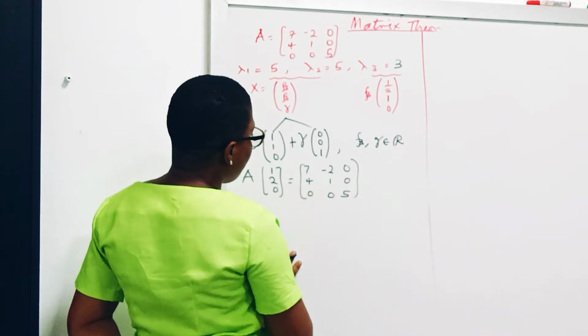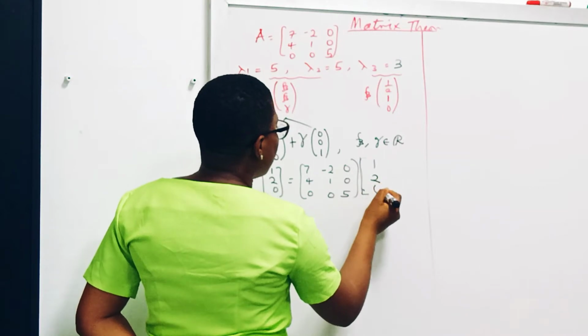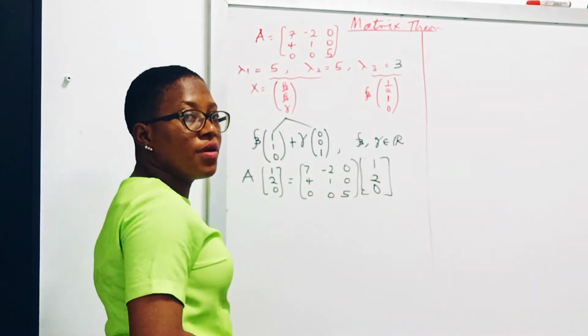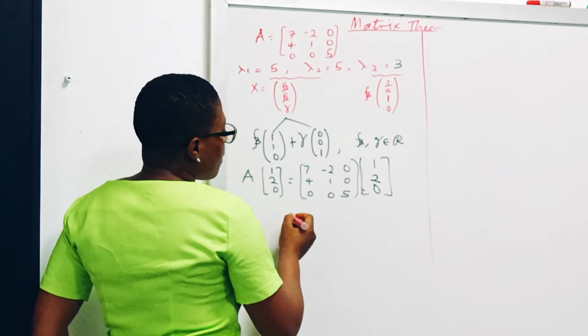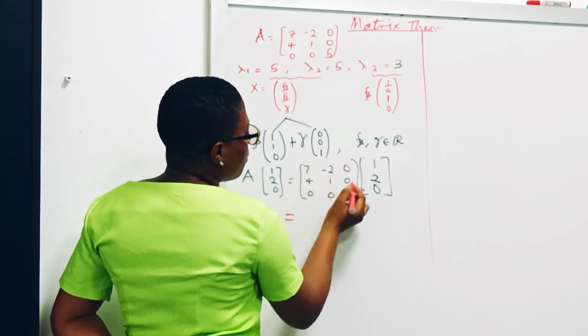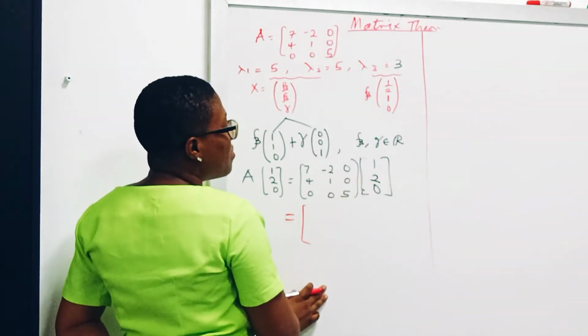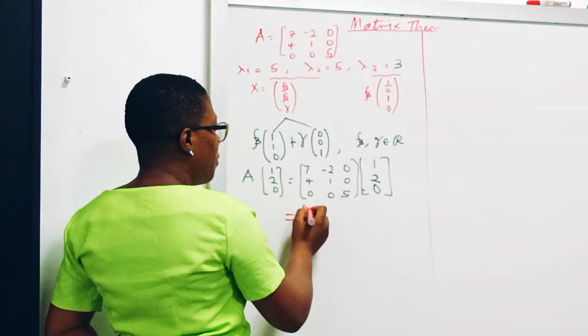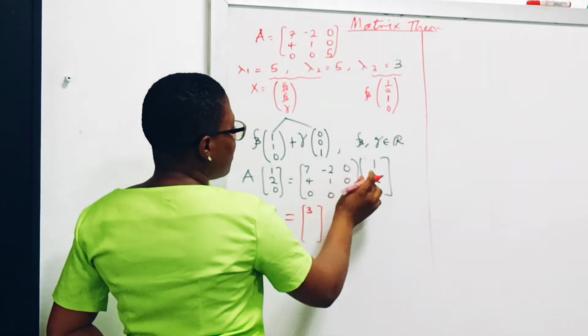So this times 1, 2, 0. What will this give me? This times this, 7 times 1 is 7, plus minus 2 times 2 is minus 4. That will give you 3. Then I have this times this.